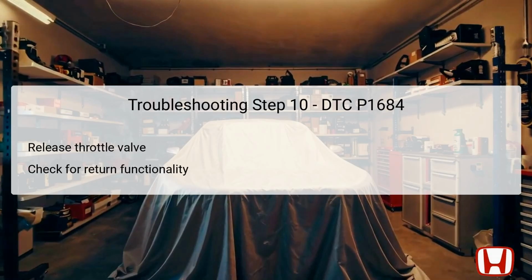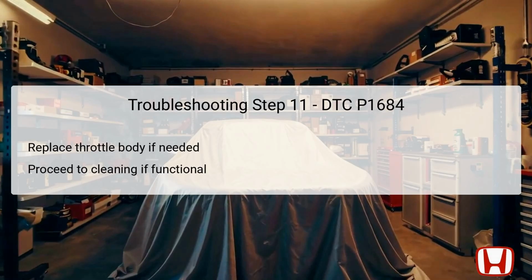However, if the valve does not return to its closed position, this suggests a failure in the throttle return spring mechanism or obstruction preventing its movement. Proper evaluation during this step is vital for determining whether to proceed with cleaning the throttle body or address potential replacement needs, profoundly impacting the resolution of DTC P1684.